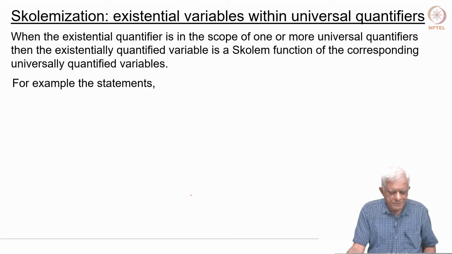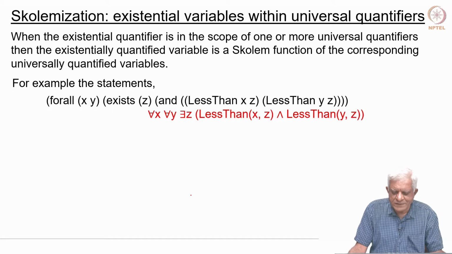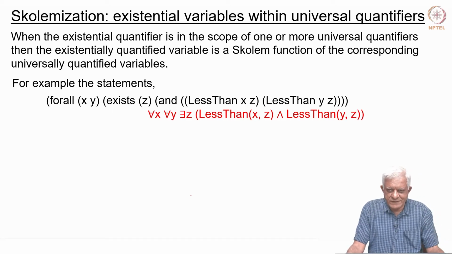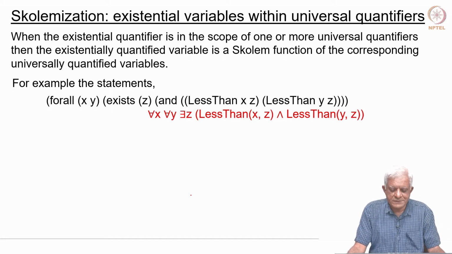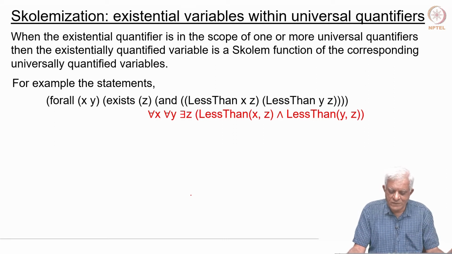So, here is the first example. Let us read that logical sentence in red, which is a little easier to read, even though the first one is easier to process if you are writing programs. The sentence is saying that for all x, for all y, there exists a z such that x is less than z and y is less than z.